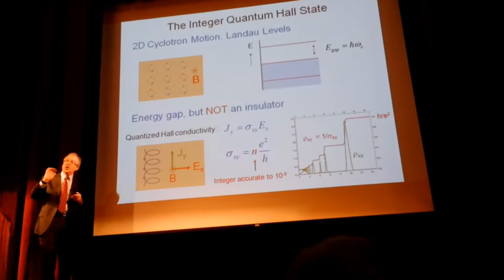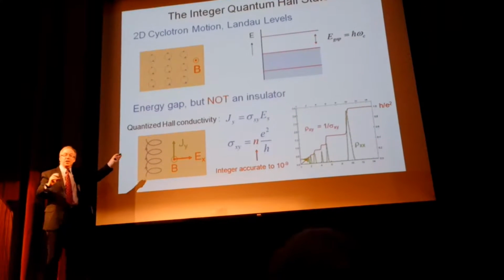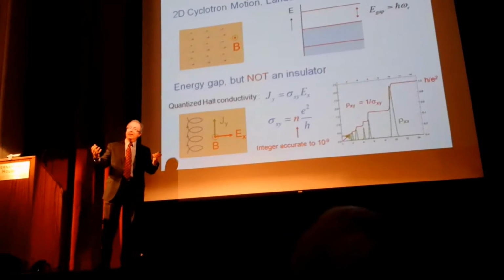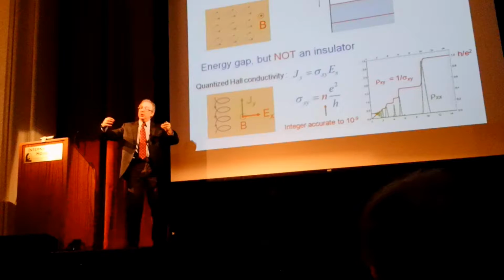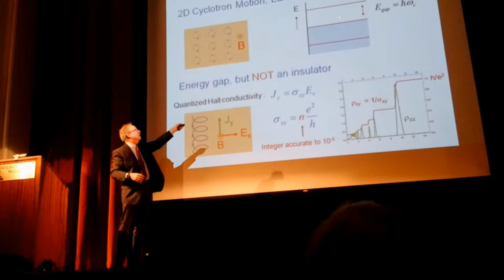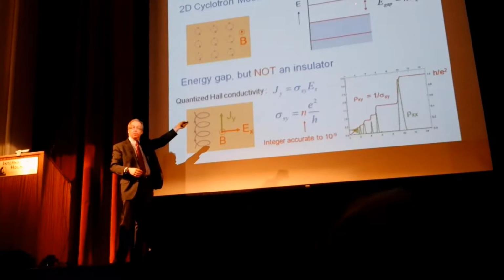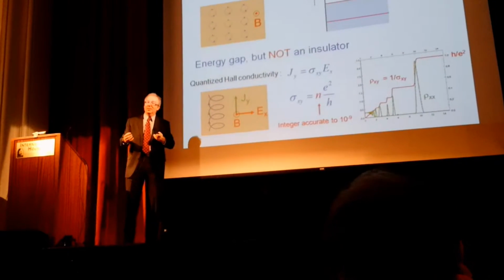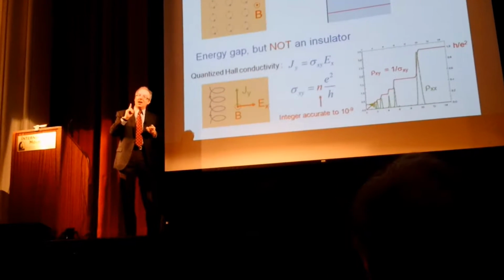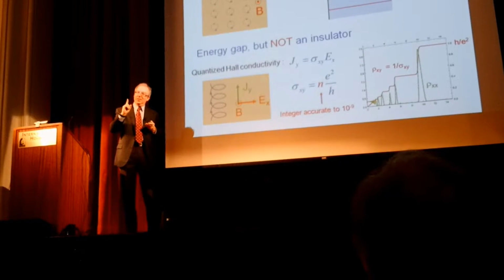So this is a situation where, like in an insulator, it is electrically inert because in order for the electrons to do anything, they have to overcome this big energy gap. So it should be like an insulator. But it's not exactly an insulator.